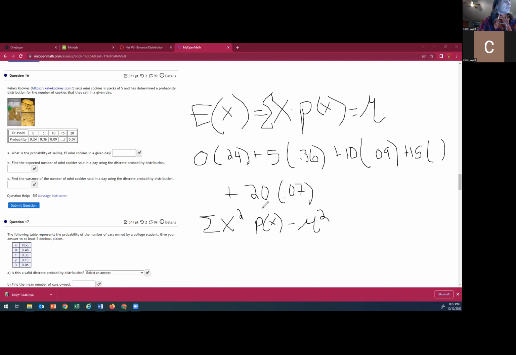So I do the same thing as here, except I square all of the x values, and then I take whatever number I got from part B, square it, and subtract it. That gives the formula for the variance. So that's how you do that problem.